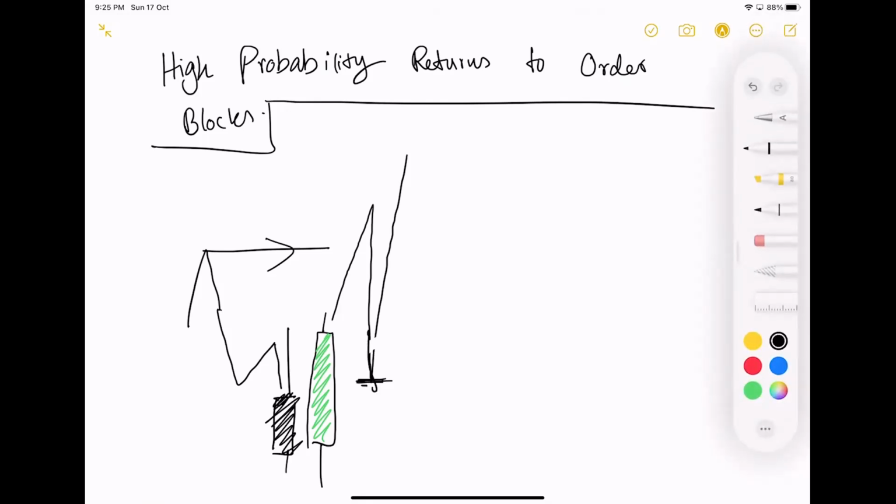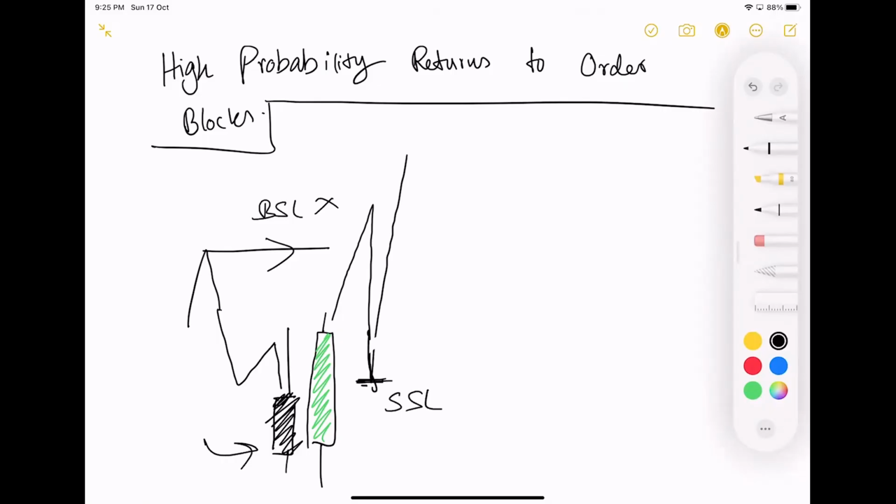This order block was formed and we broke market structure. So we took out buy side liquidity. Order block was formed. We took out buy side liquidity. After taking out buy side liquidity, we formed sell side liquidity.